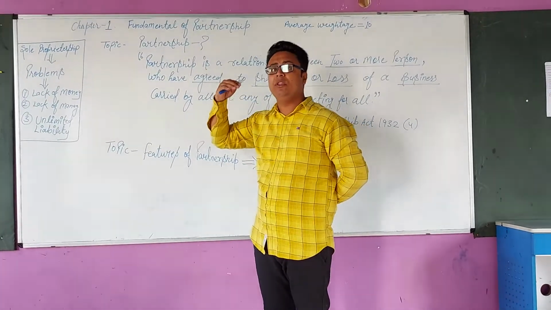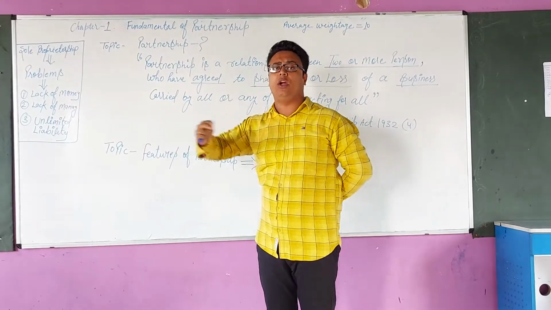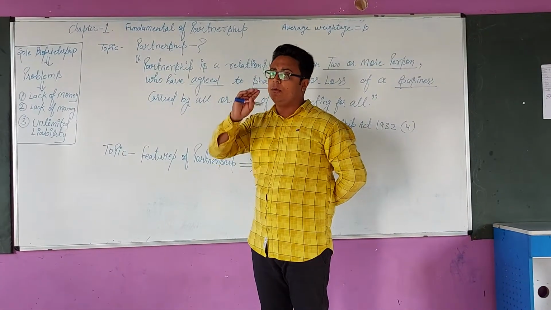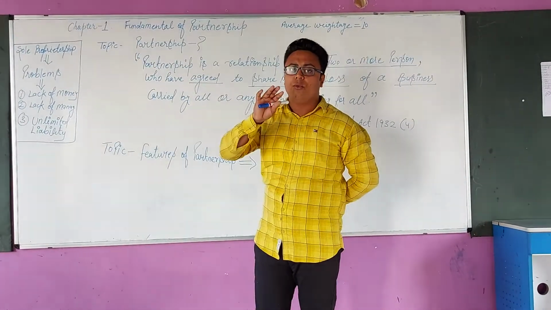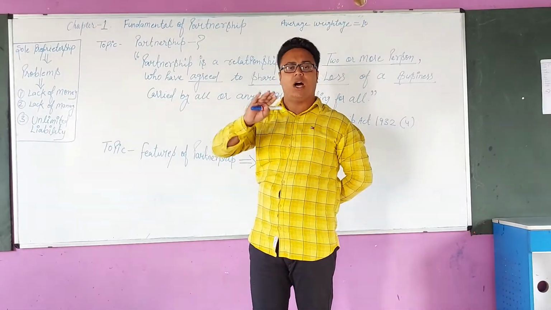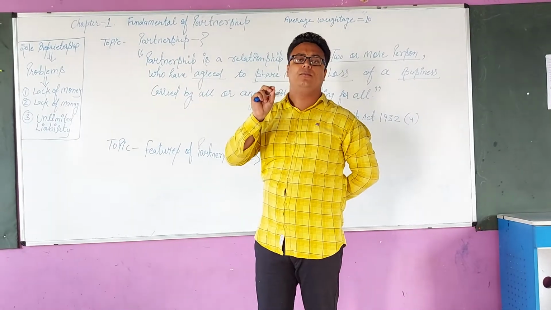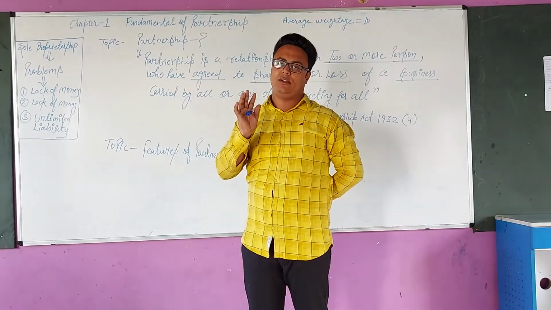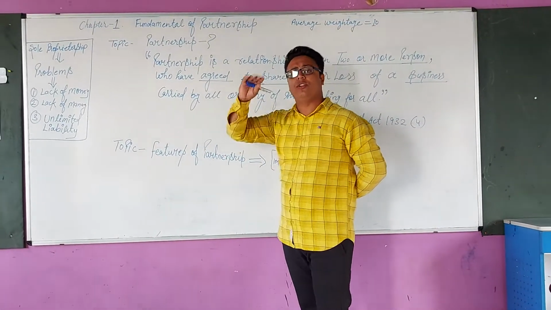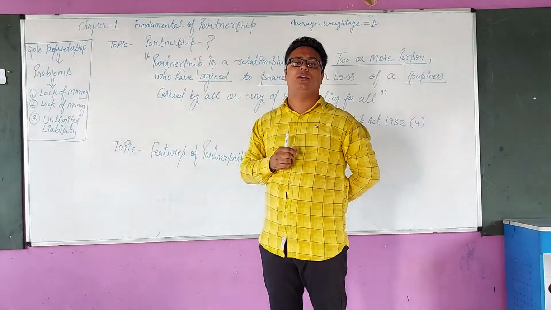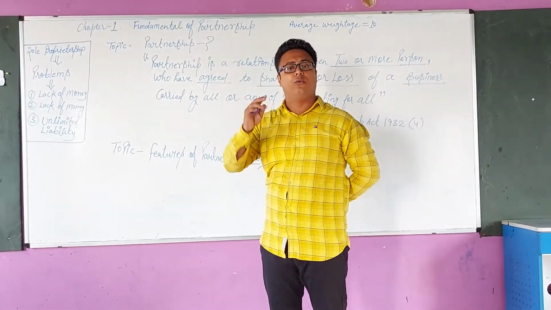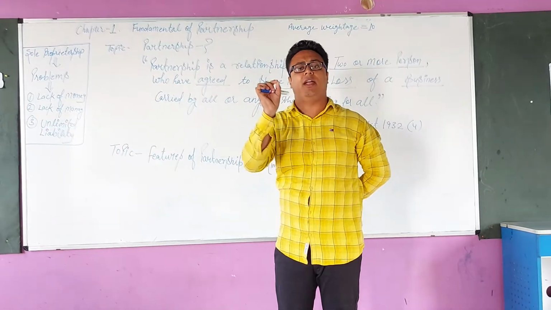All those business organizations are included in public sector enterprises which are owned, controlled, managed and invested in by the government. Right? And the third important type was joint sector enterprise.